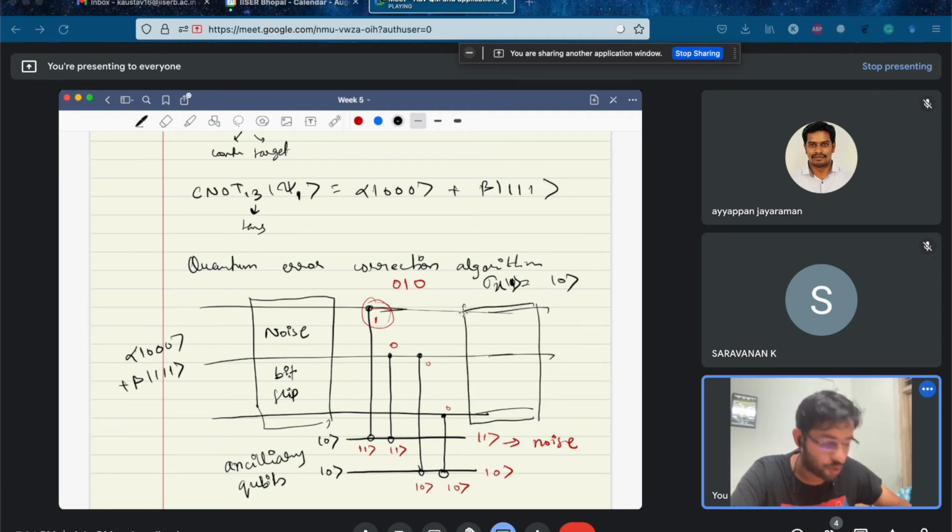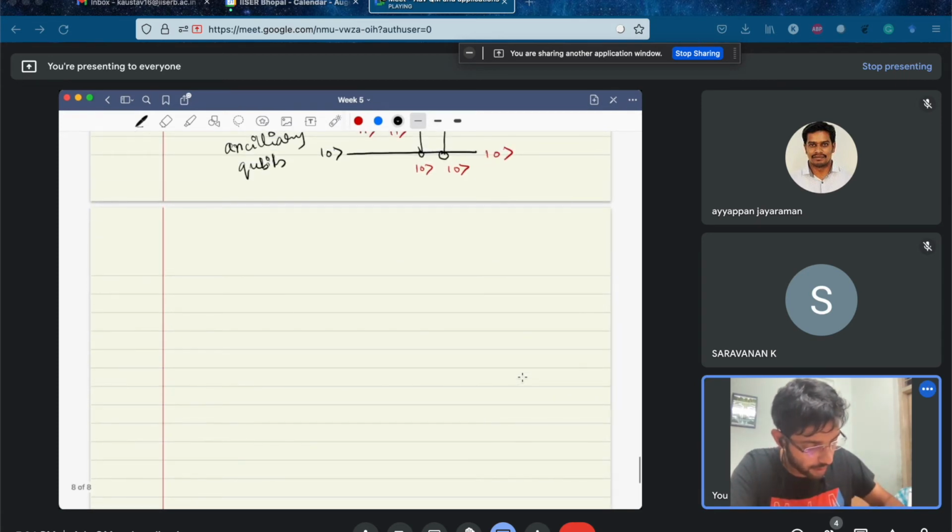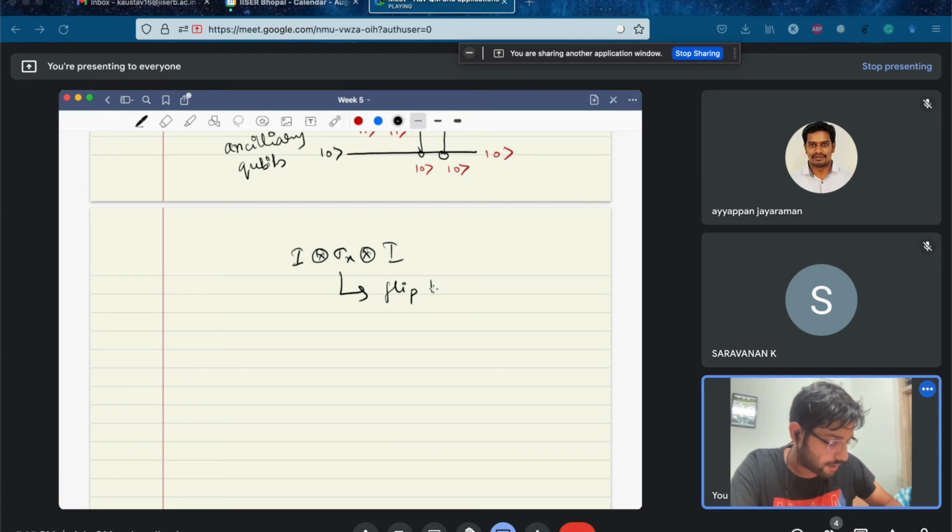After you have understood where the error has occurred, you put a correction on the bit flip. So if it's the second qubit, the correction looks something like I sigma x I. So this will only flip the second bit where the error has occurred.